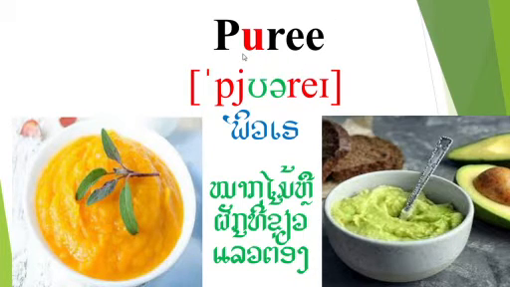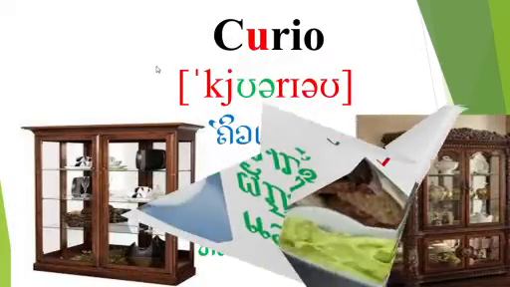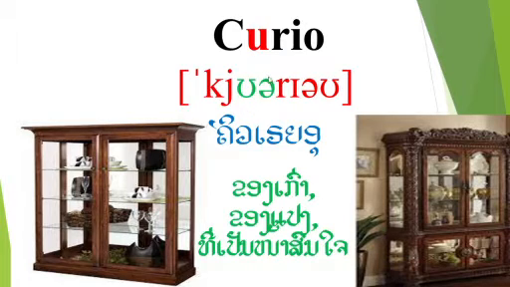Next, this word is the same: you see it is but the native speaker pronounces it differently. Pure, in Lao refined, boiled. You can see from the picture it has been made. Next, curio, in Lao an antique, a rare and interesting object.